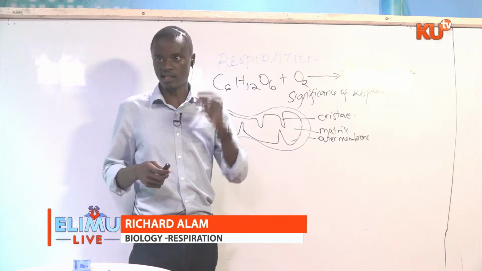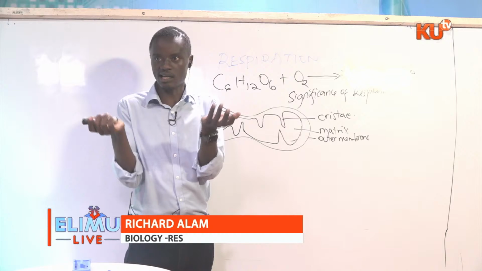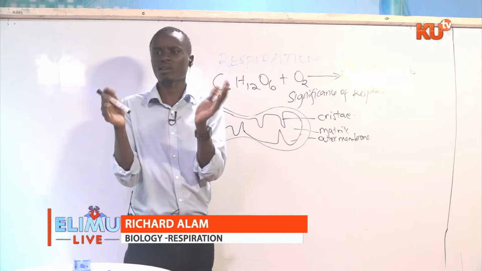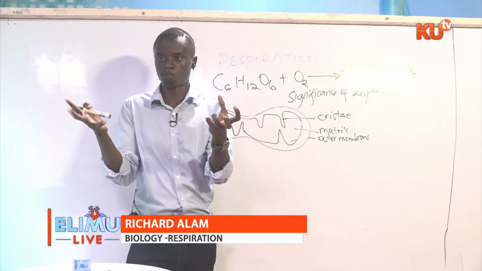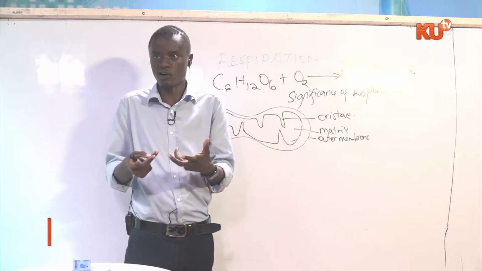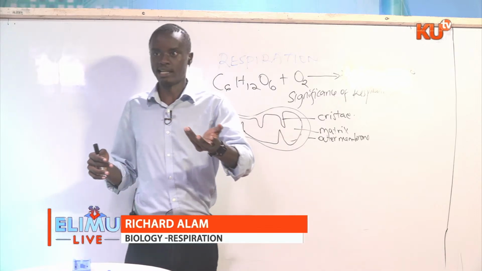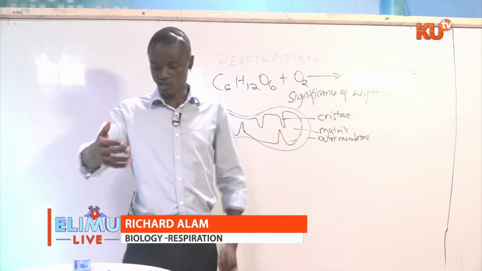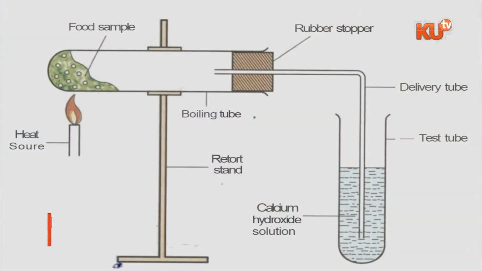As we want to confirm carbon dioxide, we need the test for carbon dioxide. At this stage, as a student, you should be able to know the test for different gases. For example, oxygen relights a glowing splint. Now, what is the test for carbon dioxide?